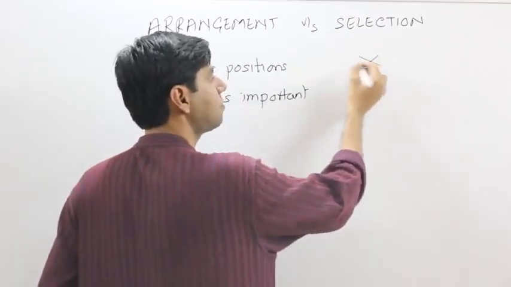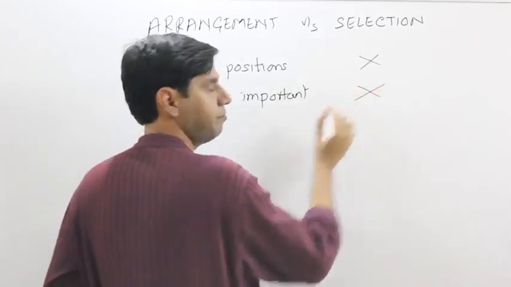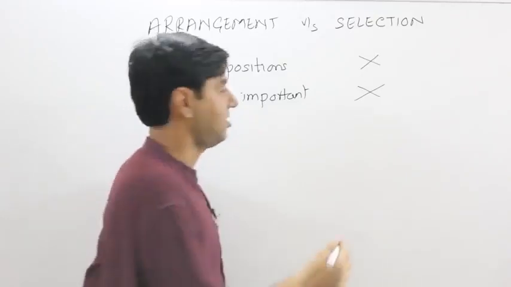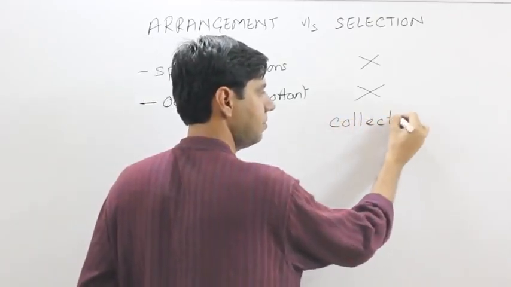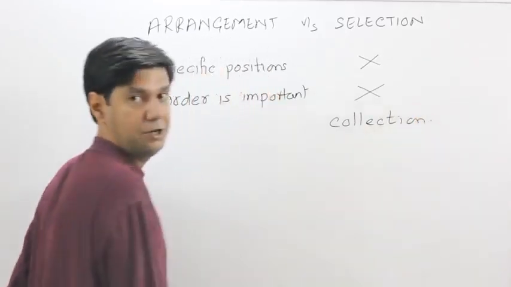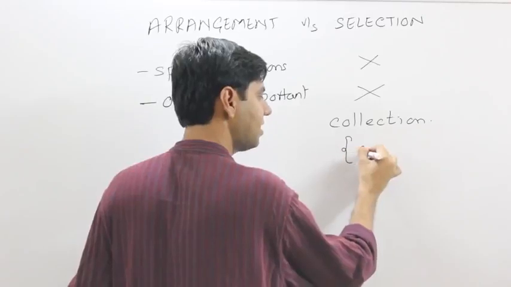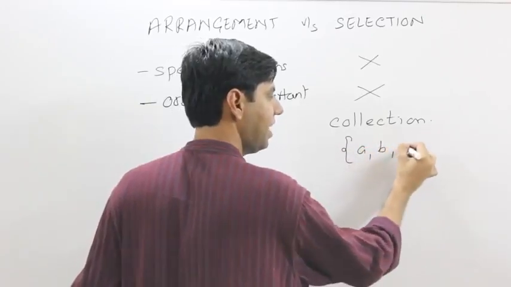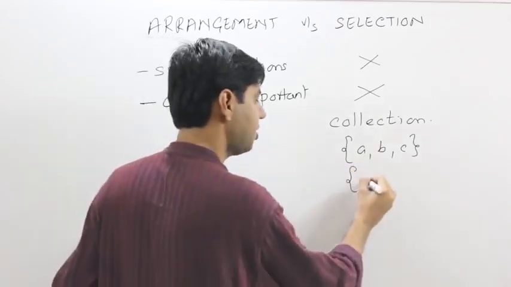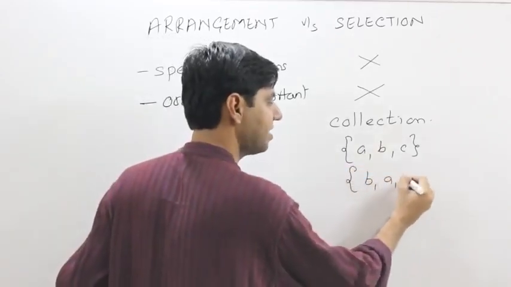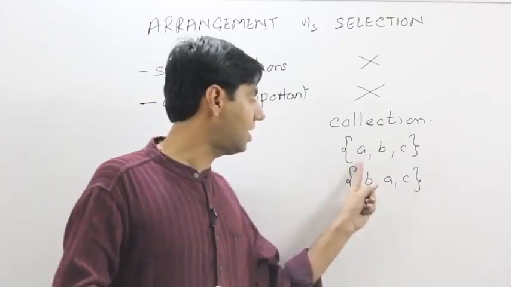Selection has no specific position. The order is not important. Then what is selection? Selection is nothing but a collection. As we denote different collections, let's say a collection is denoted by a set. So I have a collection of A, B and C. Would you say the collection of objects B, A and C is different? Since it is a set, the order does not matter.